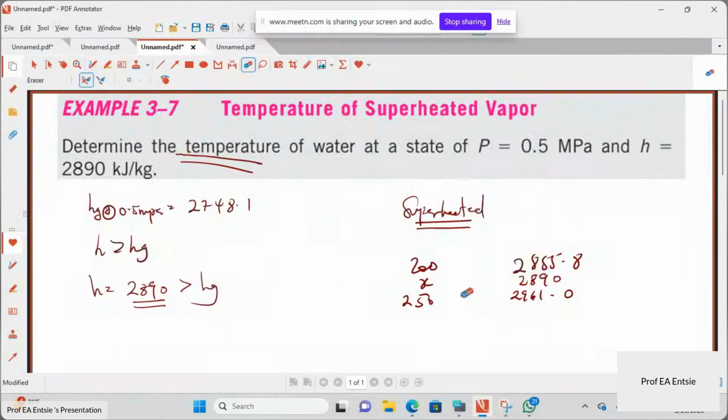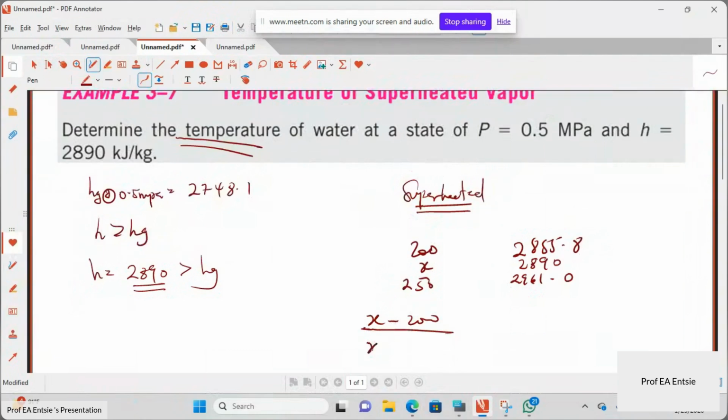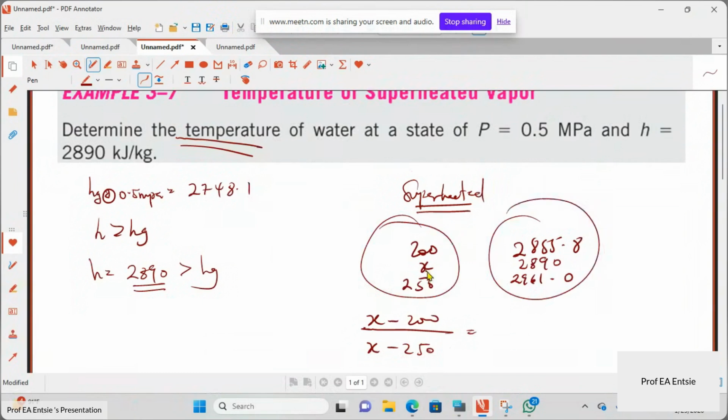Interpolation is simple. Middle minus upper over middle minus lower. You can use still middle minus lower, while what you should know is whatever order you use there, the same thing you use here. So here I used middle minus upper over middle minus lower. So here to be middle, which is 2890, at that enthalpy we want to find the temperature X, minus the enthalpy at upper, all over same middle. If you change the order you are wrong, minus the lower.